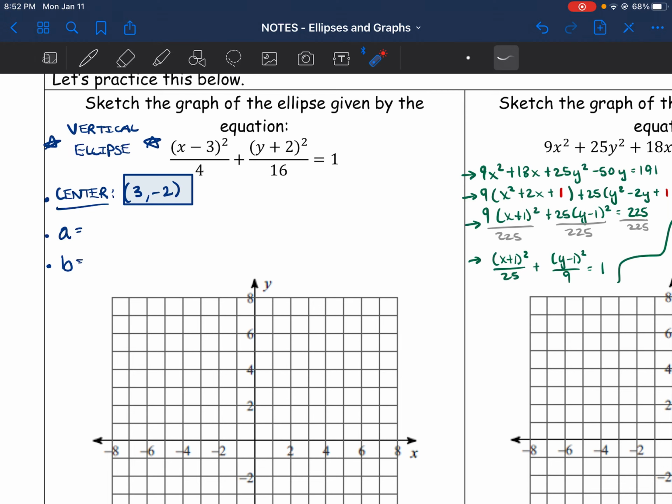The A value, remember that A is always bigger than B. So 16 is going to be a squared. If I take the square root of 16, I get a, which is going to be 4. And then the b value is going to be the square root of the smaller denominator. Square root of 4 would give us 2.